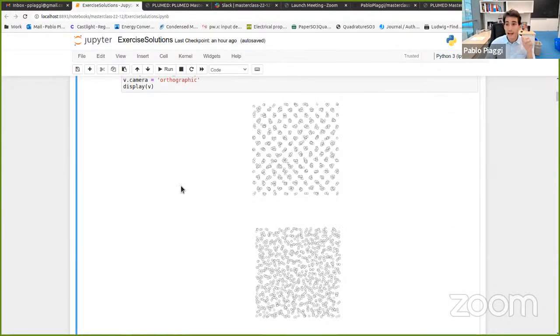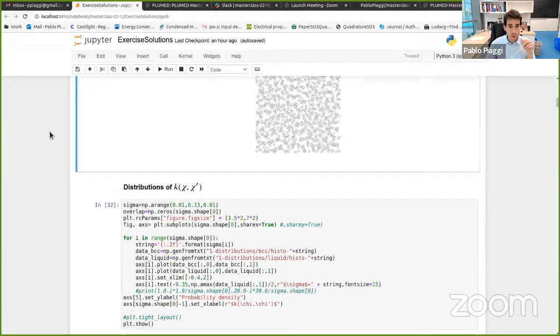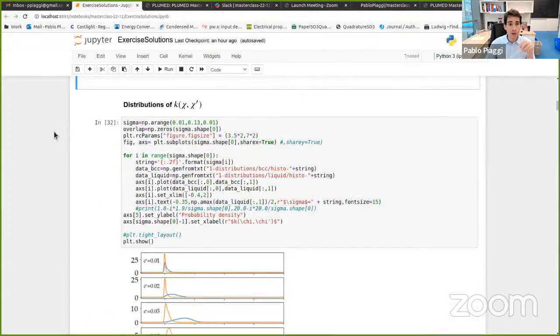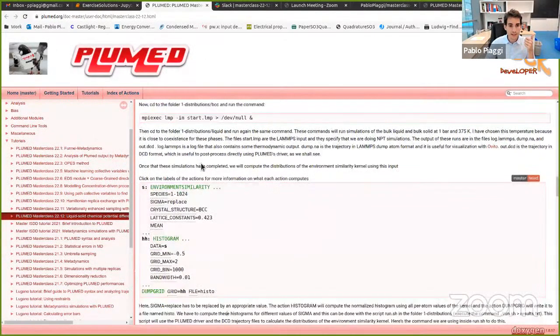Okay, now that we have these simulations, we calculate the distributions of the kernel. So here we're comparing the reference BCC environment with the environments that exist in the simulation box. And what we're going to do is calculate these distributions. This is done as shown here in the instructions.